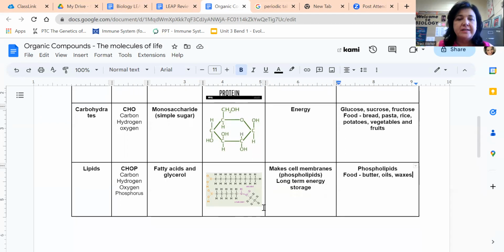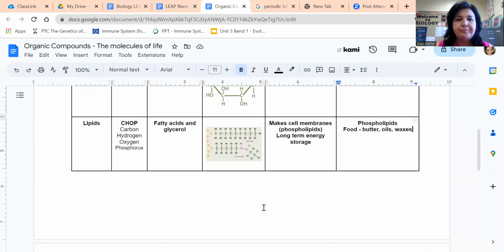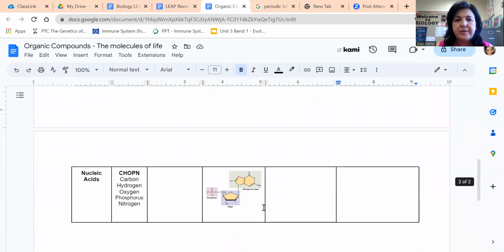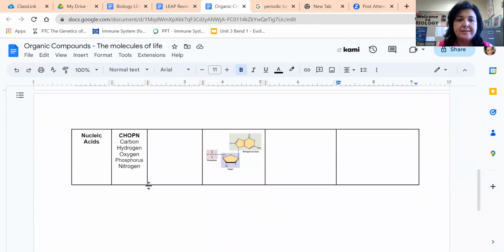And then the last macromolecule are nucleic acids. So nucleic acids are made up of carbon, hydrogen, oxygen, phosphorus, and nitrogen. And so the smallest unit or the monomer of nucleic acids are nucleotides.